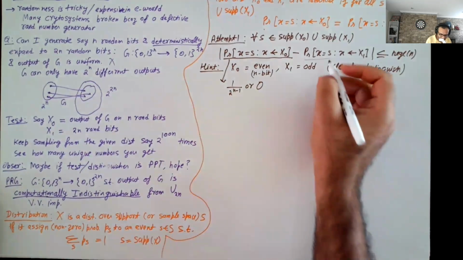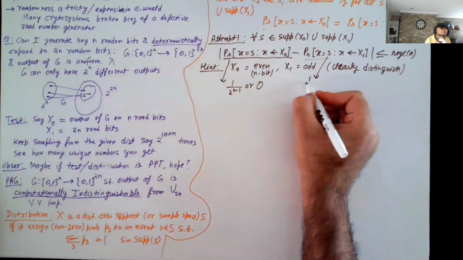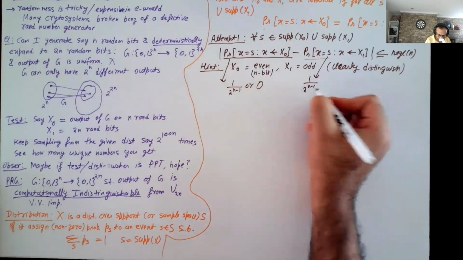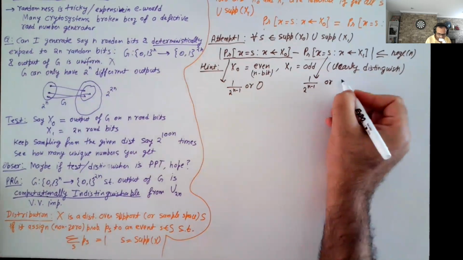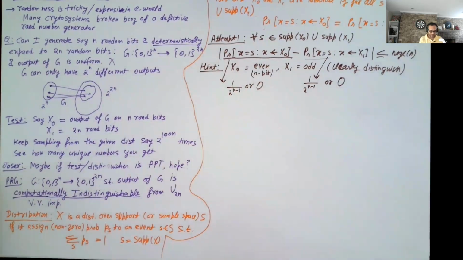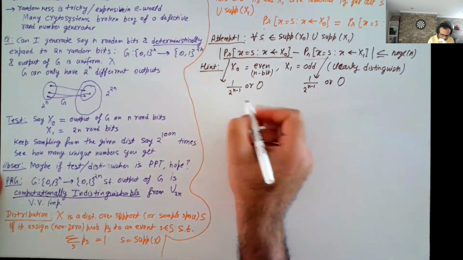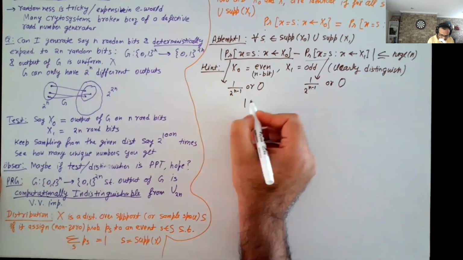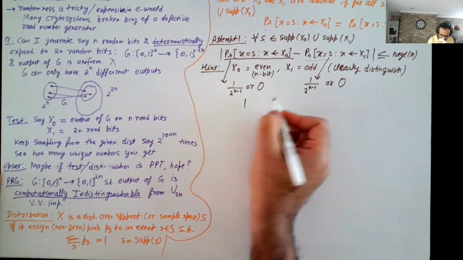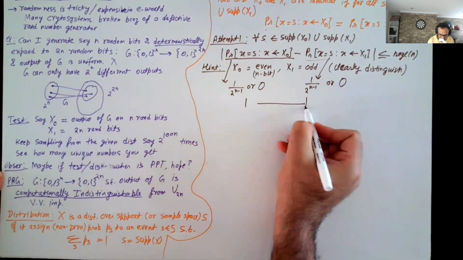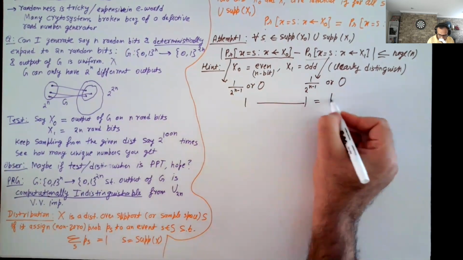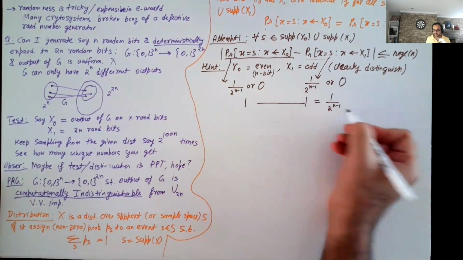And similarly, this probability would either be 1 by 2 to the power n minus 1 or 0. So for any particular s, let me just copy this equation. This is exactly 1 by 2 to the power n minus 1, right?